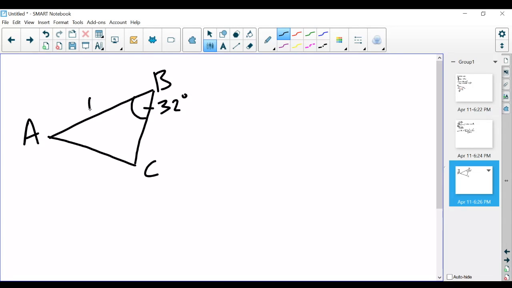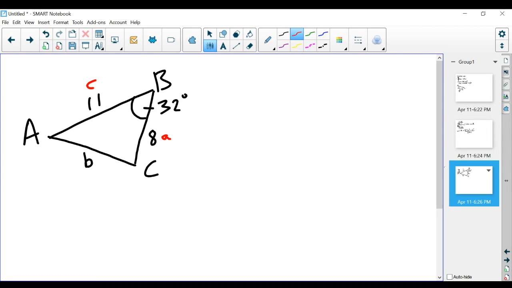We know that this side here is going to be 11, and this side here is 8. So we're going to have to solve for this side right here. I'm going to try to solve for B. So before I do that, we're going to go ahead and label all the other sides. We know that this is little c, this is little a.